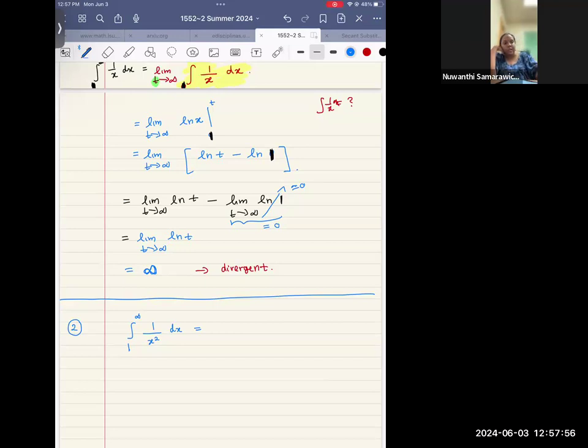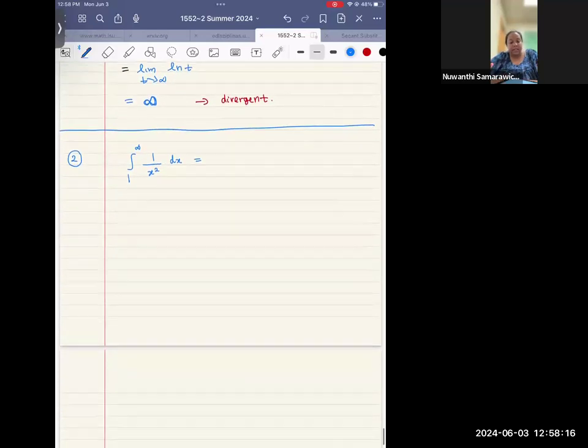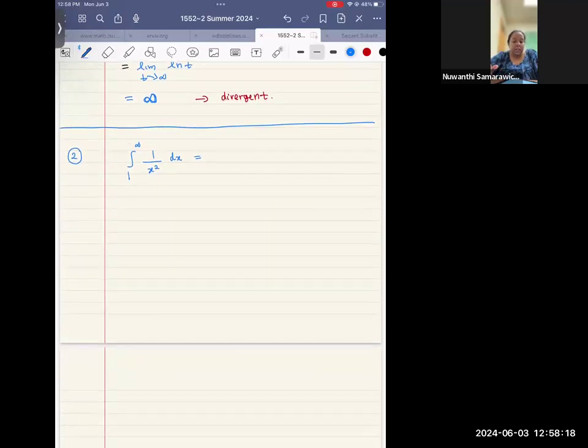I will do another example where you will see a different value, but here it is just 1. I'm doing this for a purpose. I will explain why I'm taking a equal to 1 here.